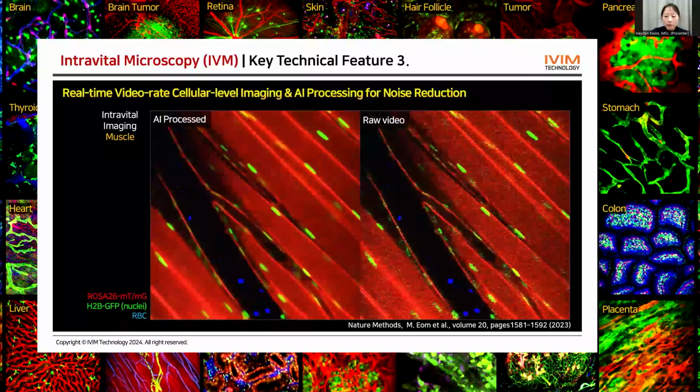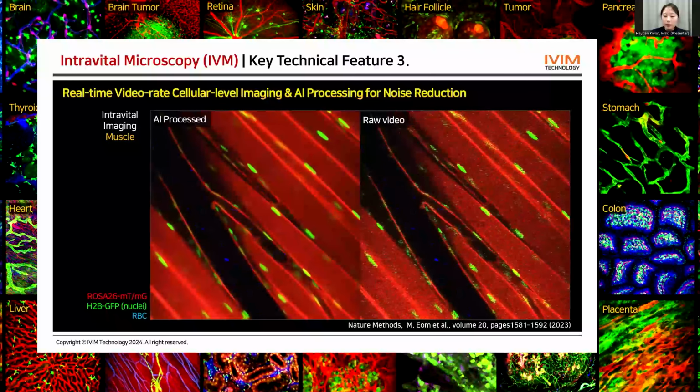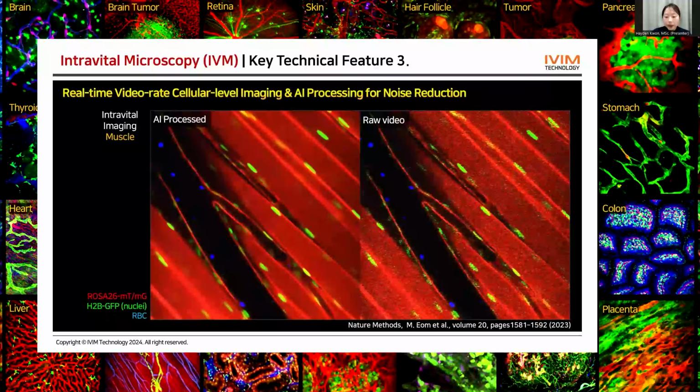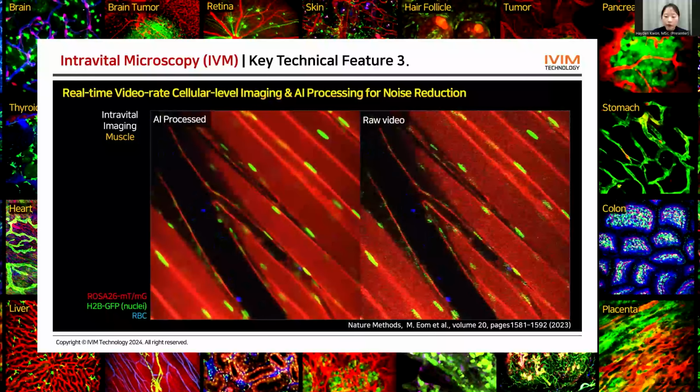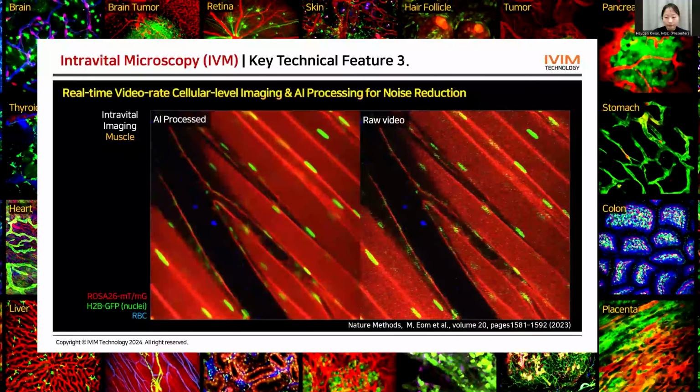In addition to the motion compensation function, to maximize the utility of the video rate imaging capability of IVIM's microscope, we developed an AI software to efficiently denoise real-time videos obtained by our microscope. The outcome has successfully preserved the high temporal resolution of the video while removing the noises. And surely, during the denoising procedure, even small-sized molecules like nanoparticles expressing red signals here are also successfully imaged.